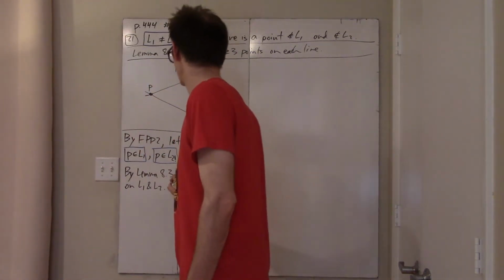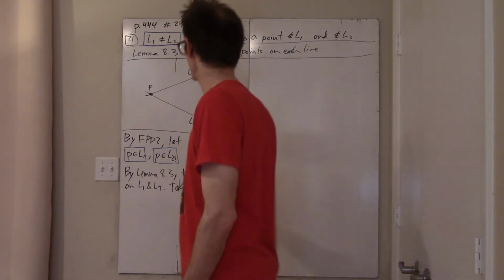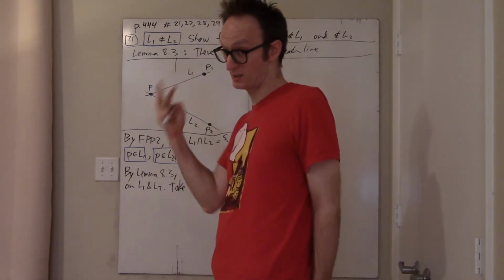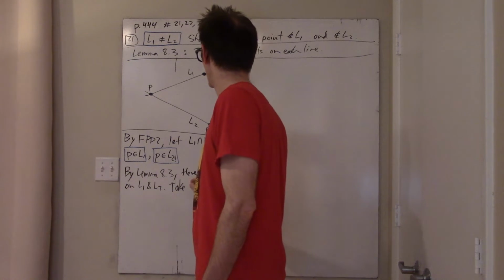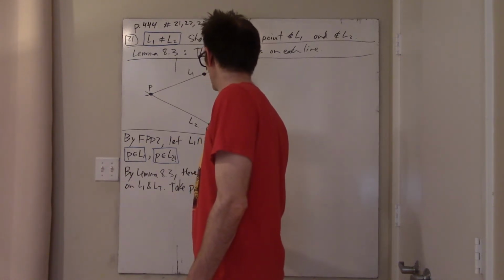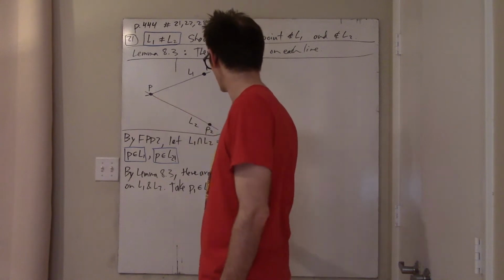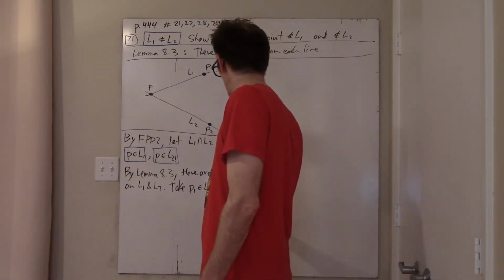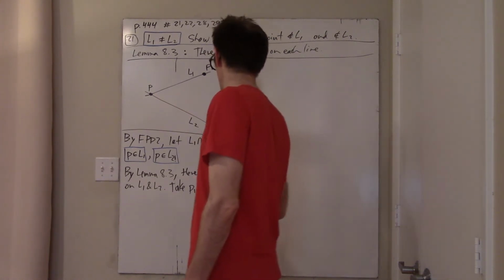So take some other point, because this theorem guarantees that there exist at least 3, take a point P1 on L1, specifically P1 being not P. So P1 is not P, so take a different point.